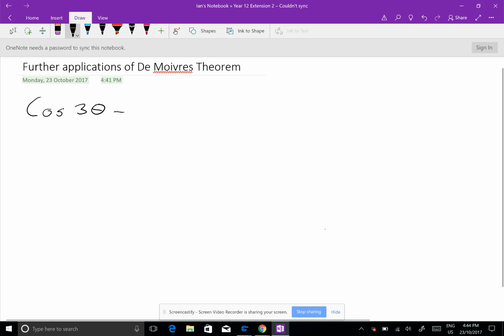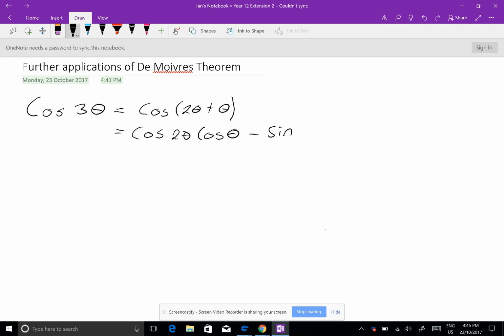Now we know we can do that because that's the same as cos of 2 theta plus theta. We know our double angle formula, which is cos 2 theta cos theta minus sine 2 theta sine theta.